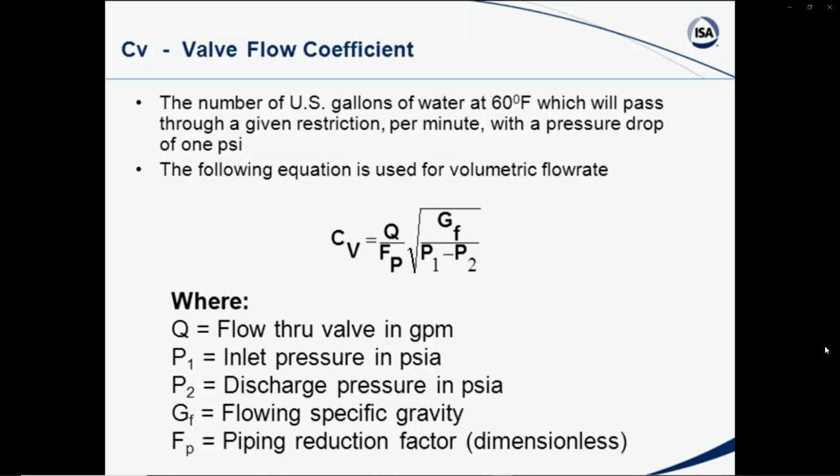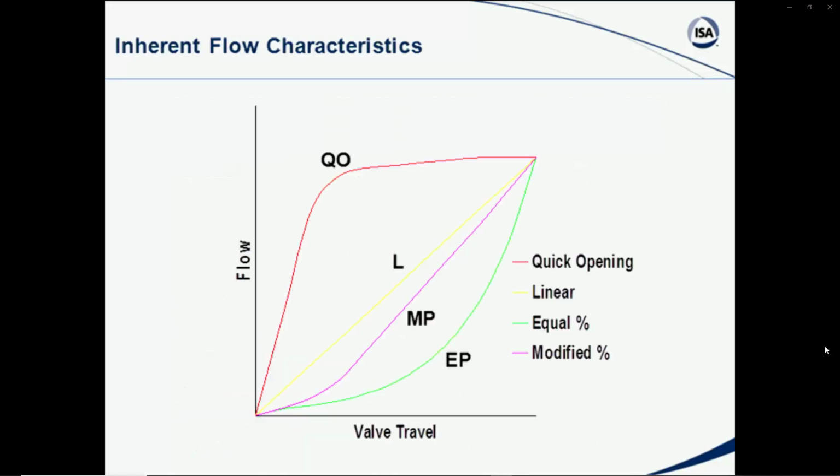Then they open the valve at 80 or 60 or 40 or 50%, get the 1 pound drop again, and that gives the C sub B at different points of opening. And that's how you generate the curve that we looked at a little bit earlier for each different type of valve and each different style and size. That's how they plot the curves for this particular size and style of the valve.